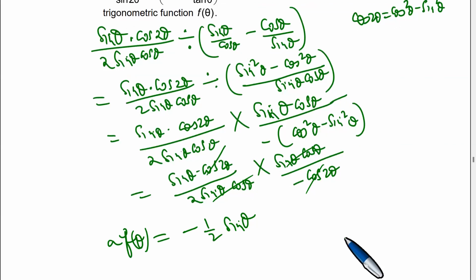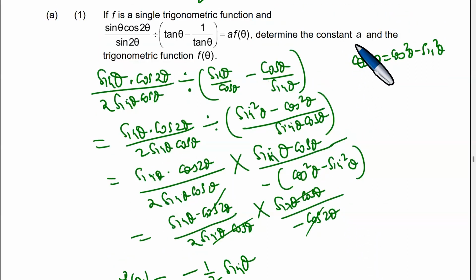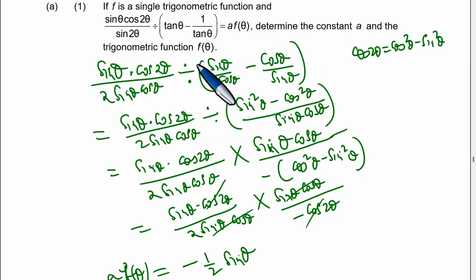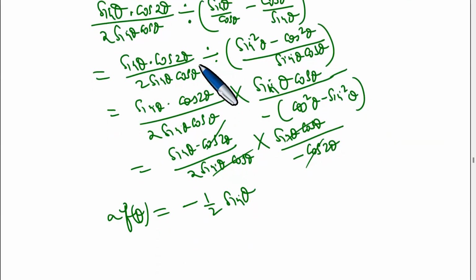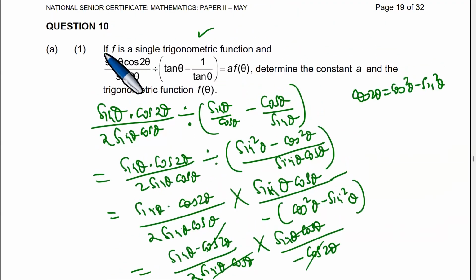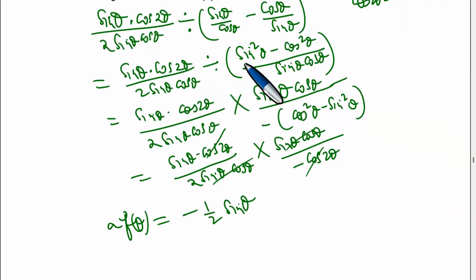So what is then the question? The question has been: determine the constant A and the trigonometric function f of theta. If f is a single trigonometric function, what would the value of A be? Ideally, what is very evident from this is that if f is a single function of theta, A itself becomes a coefficient.